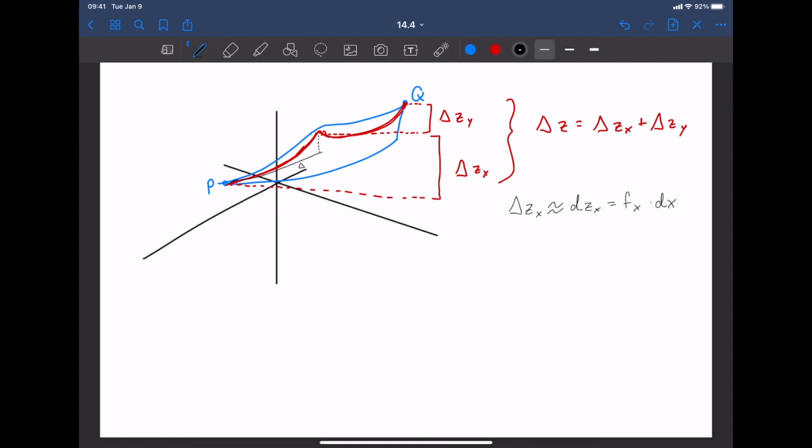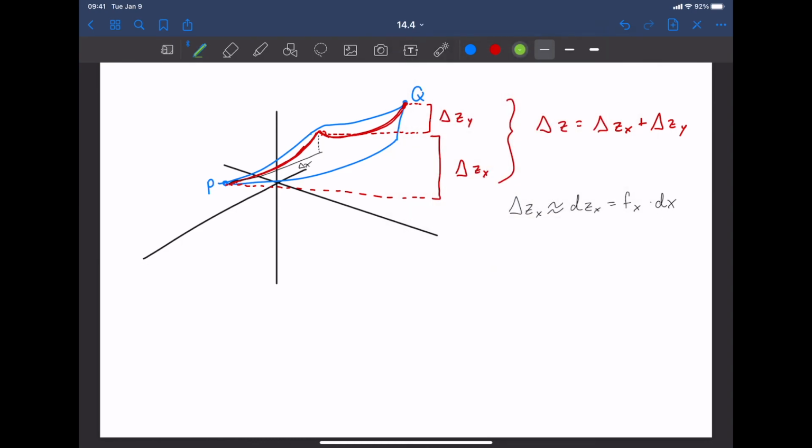Like this line would be the change in x. And if we're using the slope correctly, we know that we can estimate a change in y by multiplying the slope times a change in x, right? The tangent line slope times a change in x.